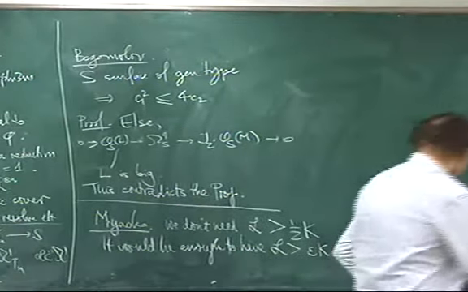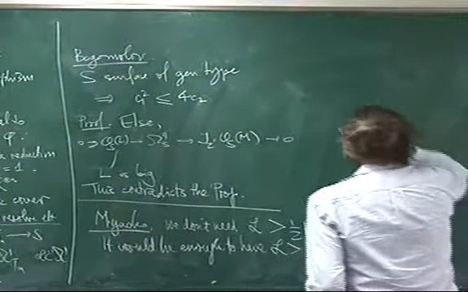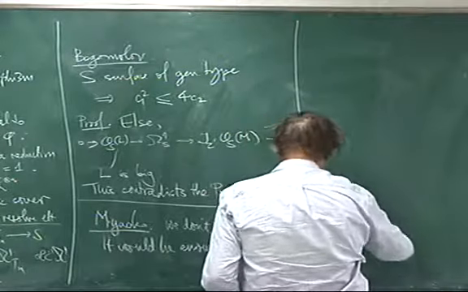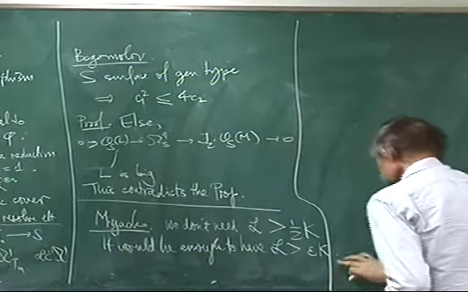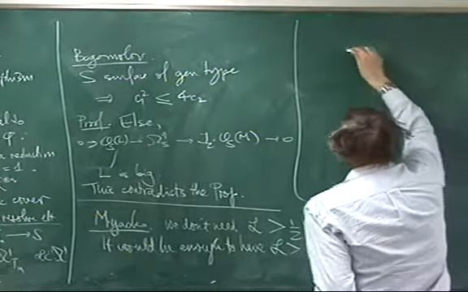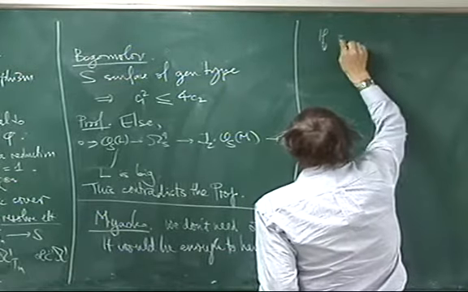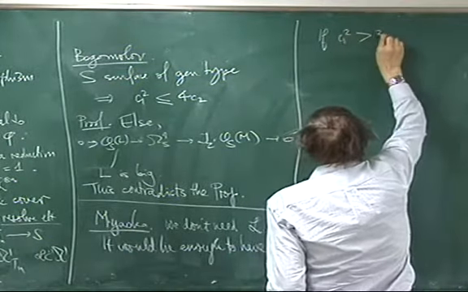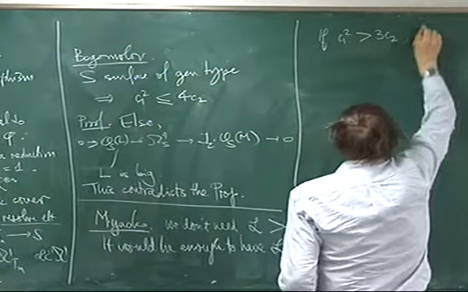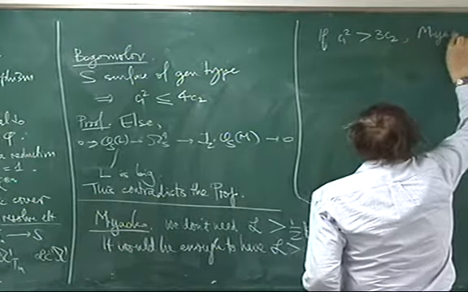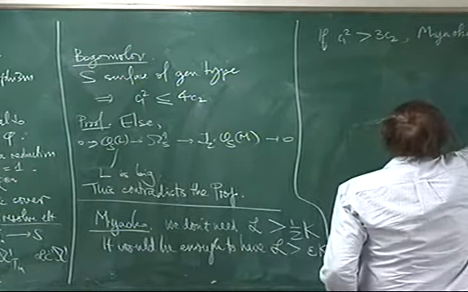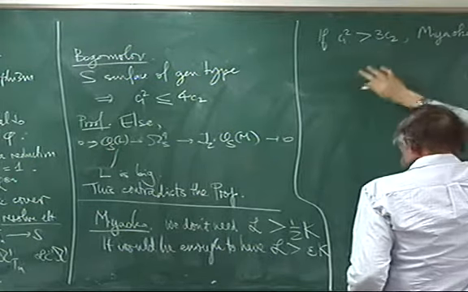So Miyaoka's argument, explained quite roughly, is saying that if C1 squared is greater than 3C2, we prove a contradiction.